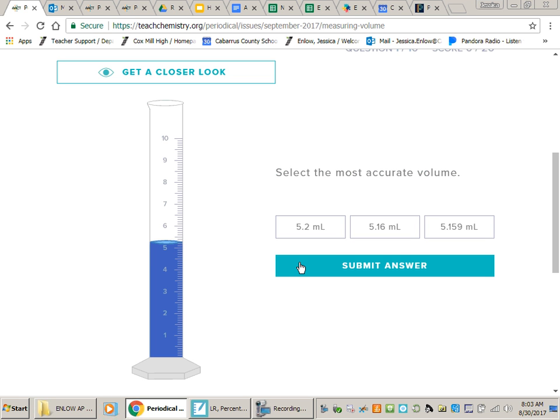So let's go to every single little line is 10. So you divide that by 2.